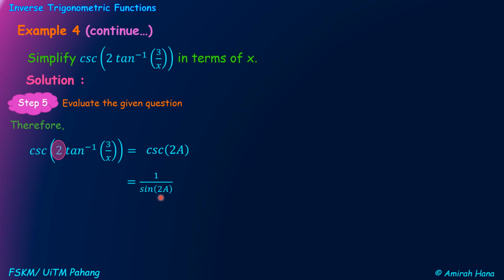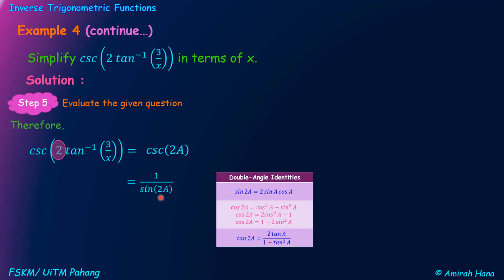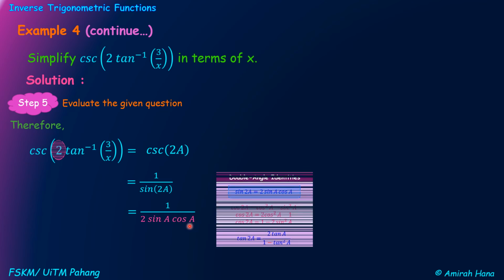For sine 2A in the denominator, we refer to double angle identities: sine 2A equals 2 sine A cos A. So we can write 1 over 2 sine A cos A. Now we need to substitute the values of sine A and cos A.